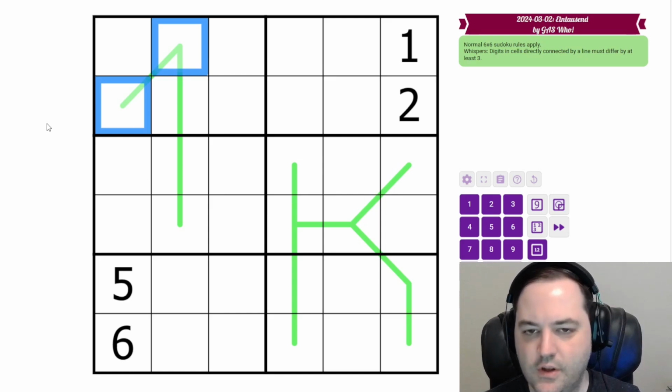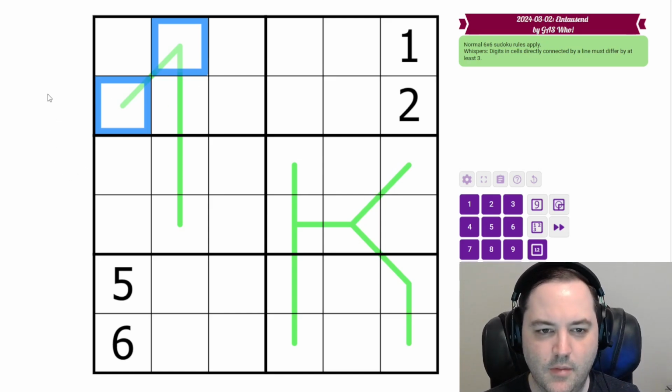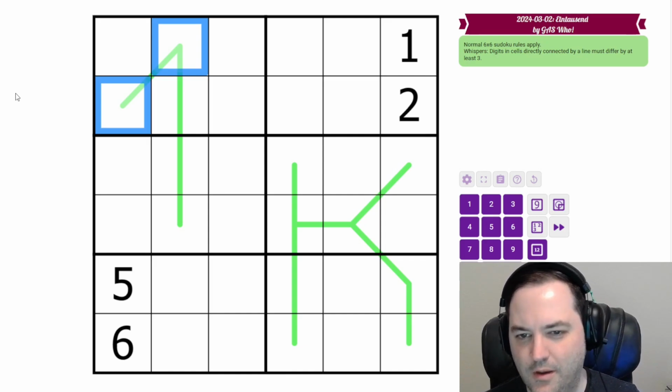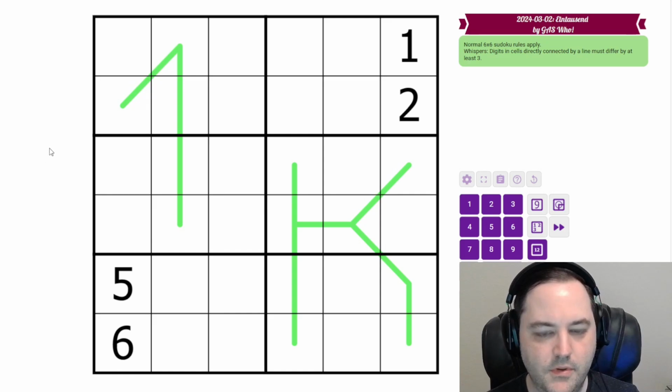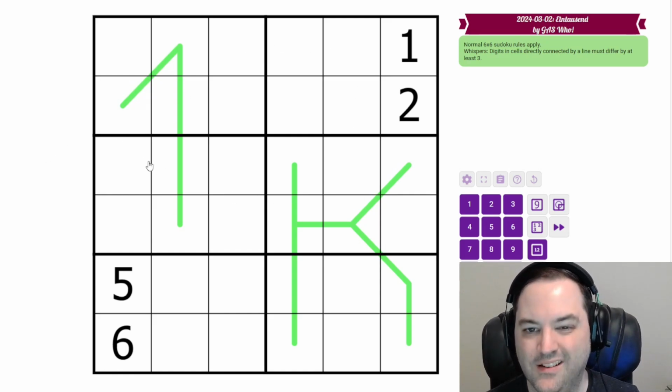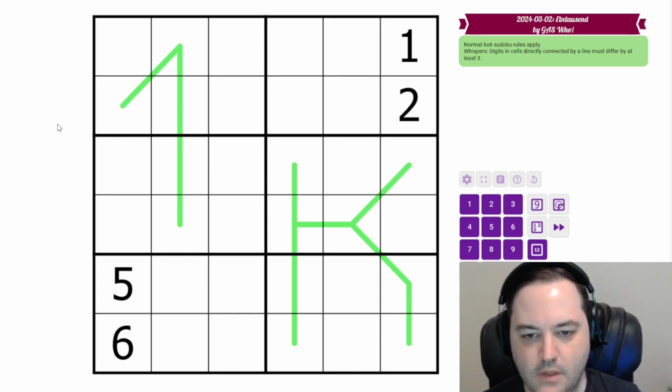And the justification for that is 3 is half of 6. In a 9x9, it's 5. 5 is half of 9 rounded up. Dutch Whispers in a 9x9 would be 4. In a 6x6, it's 2. So it's just 1 less than German Whispers, typically. But yeah, that's how that works.